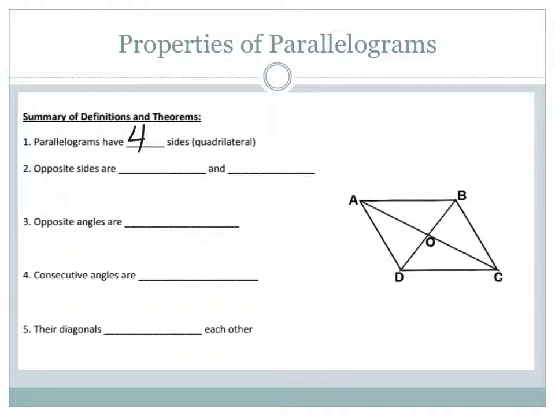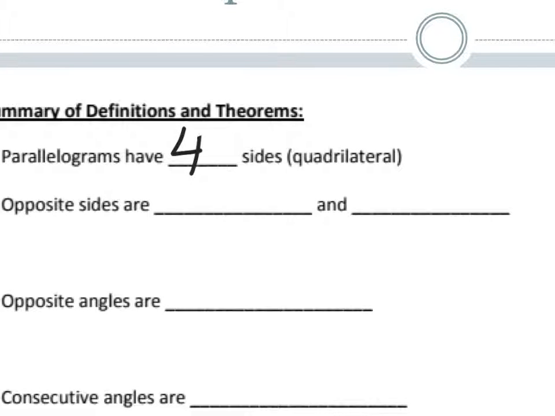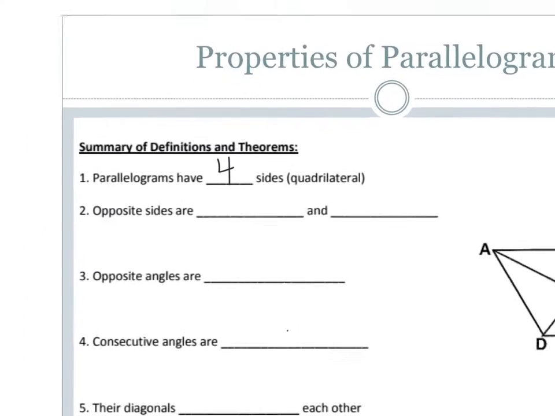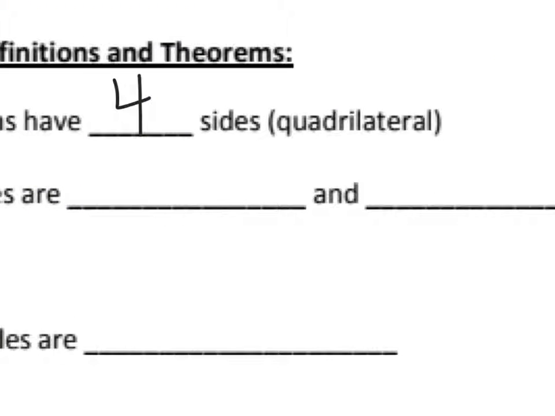I apologize, I'm going to erase this real quick and rewrite it because it was a nasty looking 4. It is 4. I was thrown off for a second. What do we think we know about our opposite sides? First off, I know they're parallel.